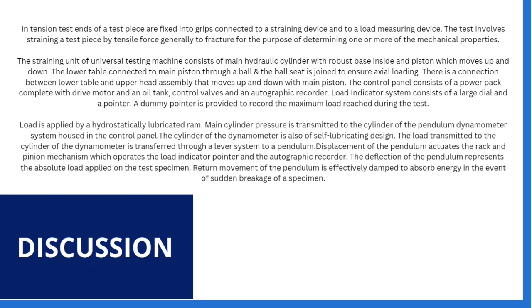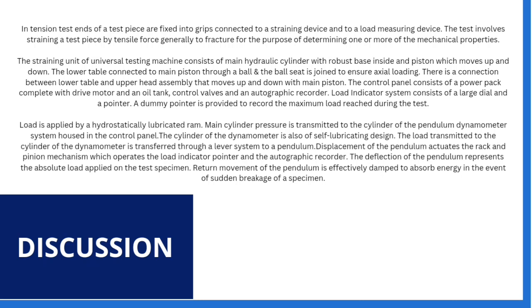The straining unit of the universal testing machine consists of a main hydraulic cylinder with a robust base, inside and piston which move up and down. The lower table is connected to the main piston through a ball, and the ball seat is joined to ensure axial loading.